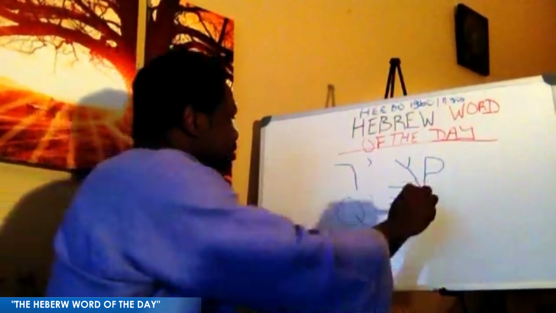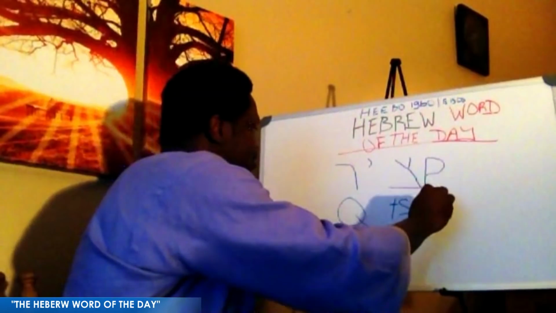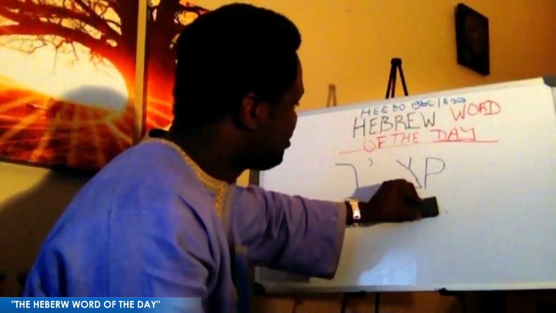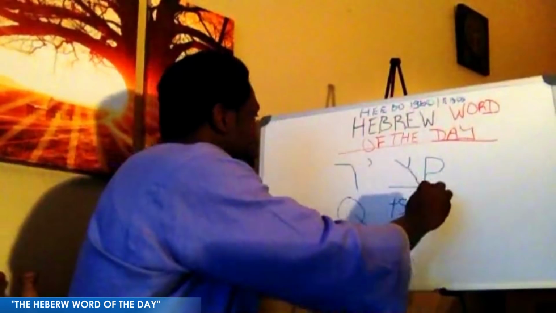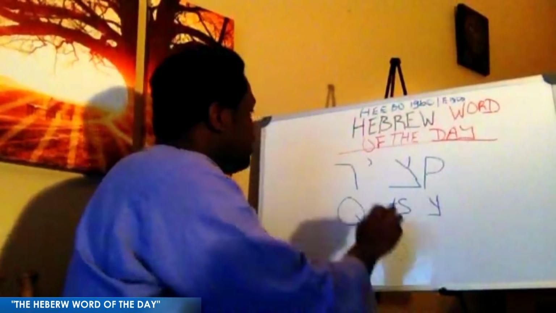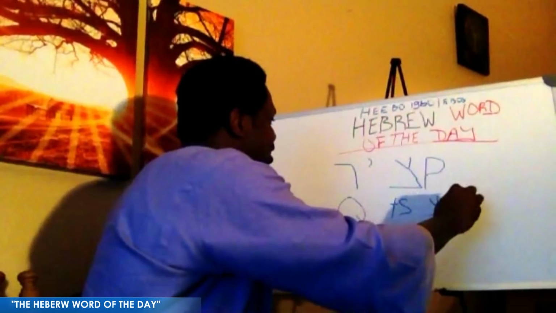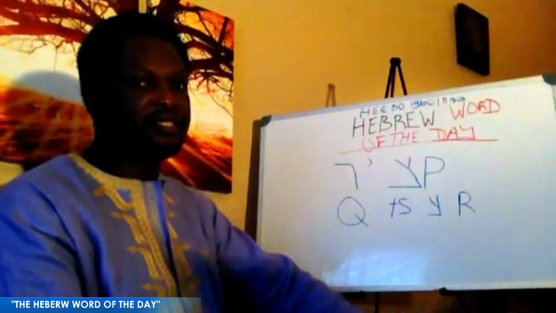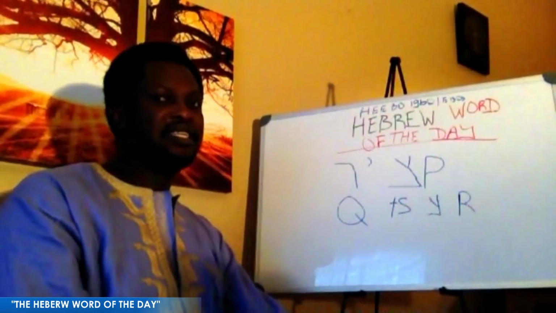And then this gives you the R sound. And then, I'm sorry, the Yod, correction. Going a little too fast. This gives you the Y sound, and then this gives you the R sound. So these are the natural characters in this word.